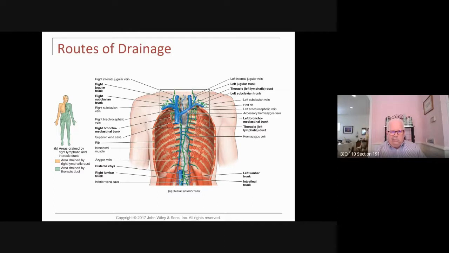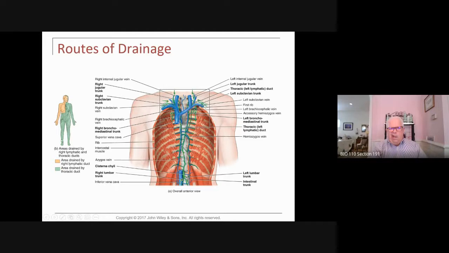Okay? What I want you to understand is that the thoracic duct, which is on the left side, drains the majority of the body. If you go over to the homunculus, you can see that the area in green is drained by the thoracic duct.